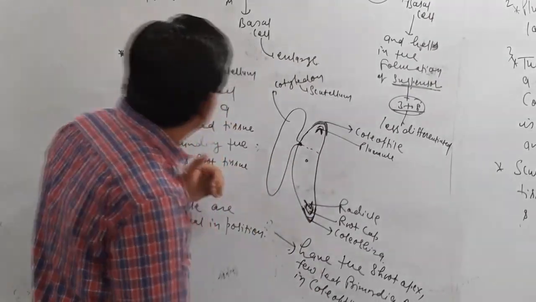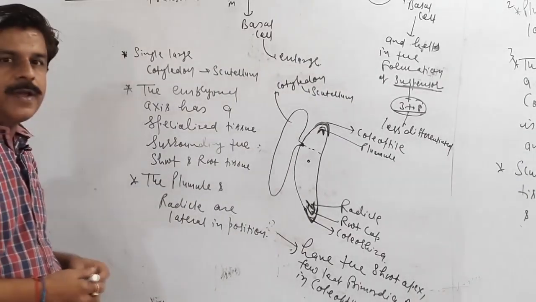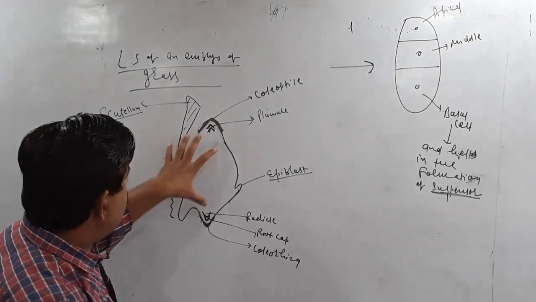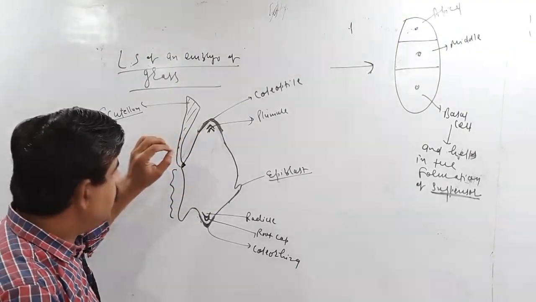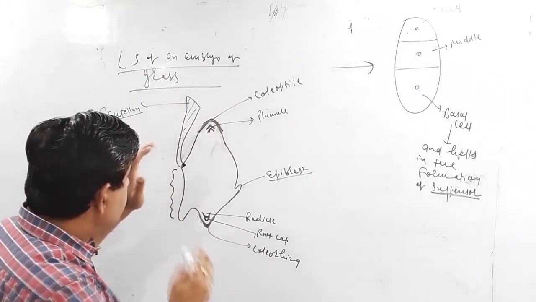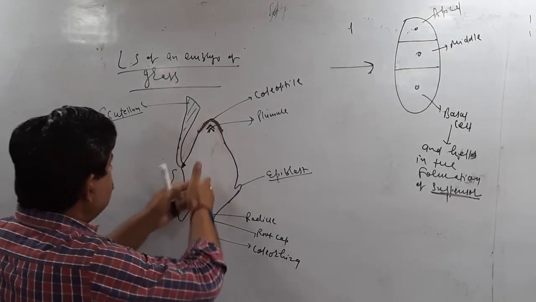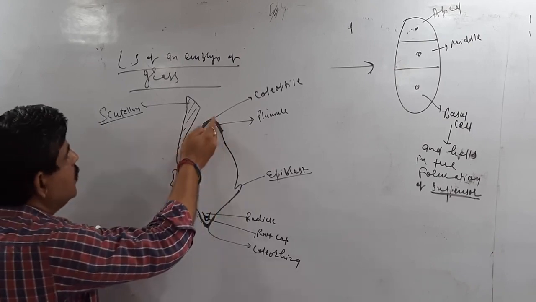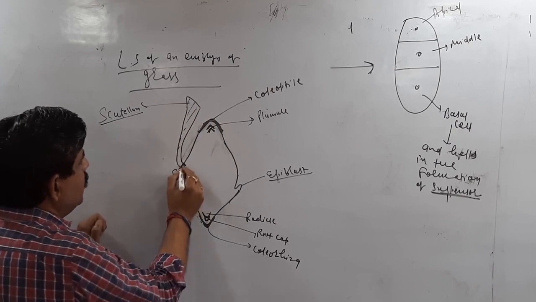Now I am going to draw a diagram which is given in your NCERT. This is the diagram given in your NCERT book, page number 35. You need to explain it. So this is the embryonal axis. This one is the scutellum. This is cotyledonary node.